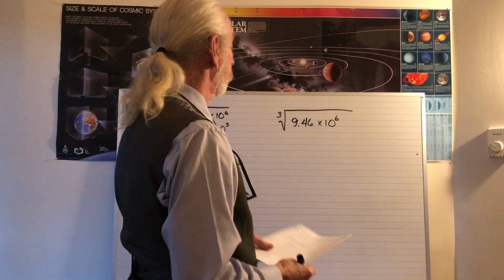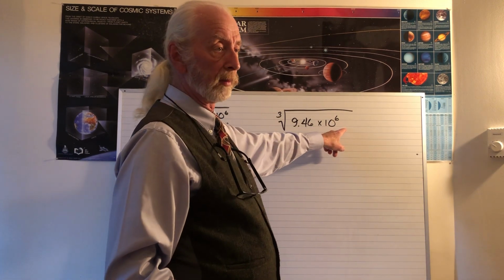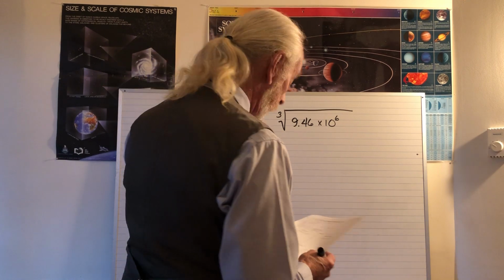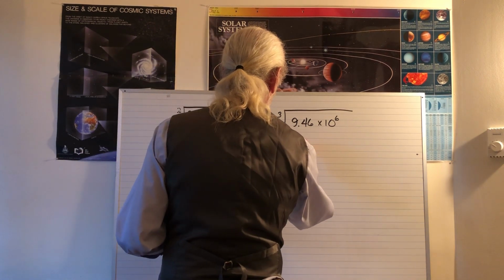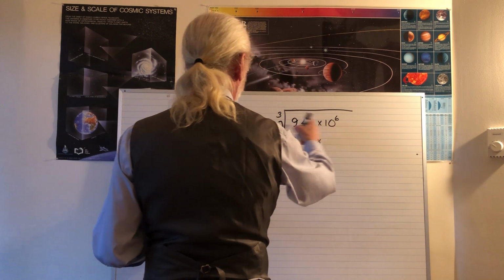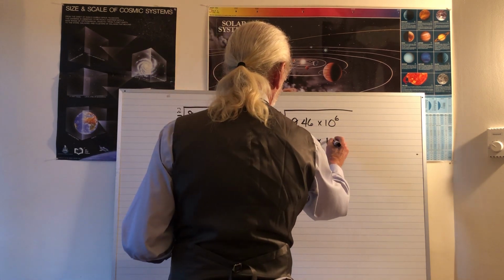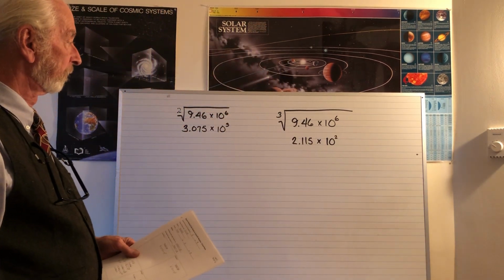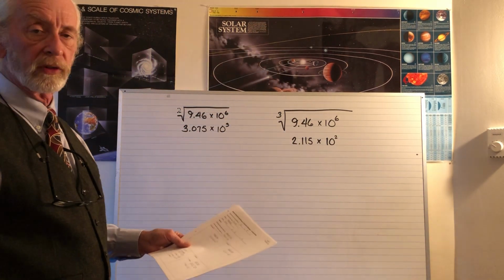Okay. My exponent is divisible by 3, so I'm good to go. The cube root of 9.46 is 2.115. 6 divided by 3, 10 squared. That's when everything works nice and neat.